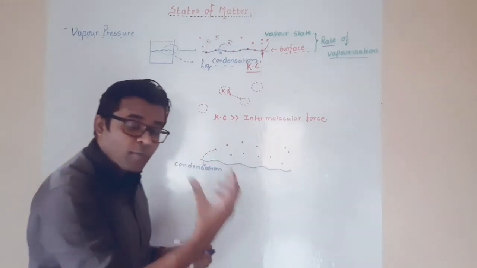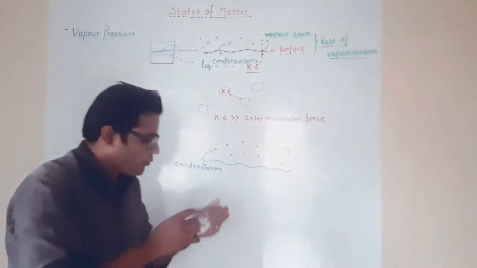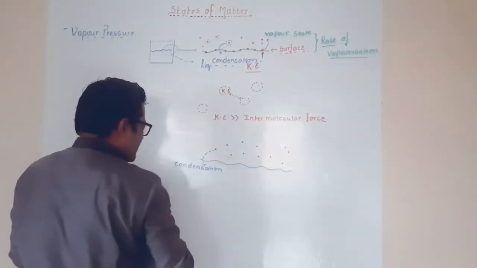So how many molecules per unit time, per unit volume, are getting condensed? We call it the rate of condensation.